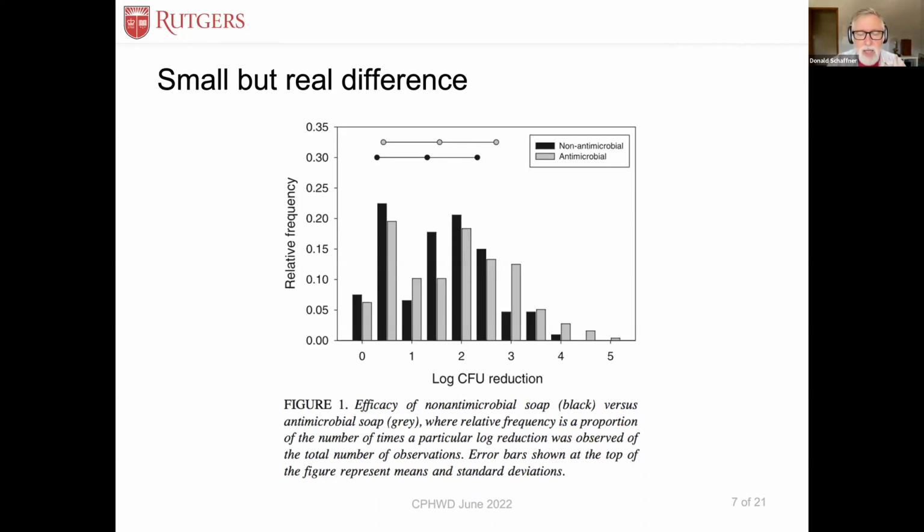But if you do a statistical analysis, what you'll find is that although the curves overlap, the antimicrobial soaps are actually slightly more effective. They're about a half an order of magnitude more effective, which doesn't look like much, but actually when it comes to risk, that half a log reduction can make a big difference.